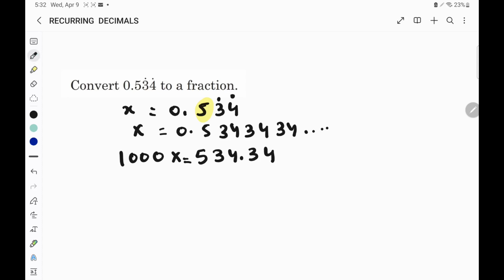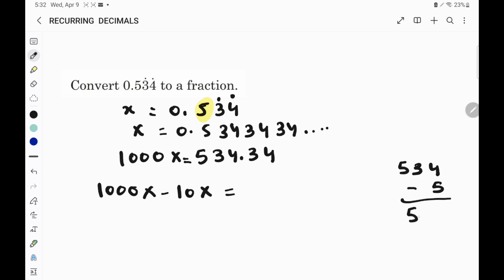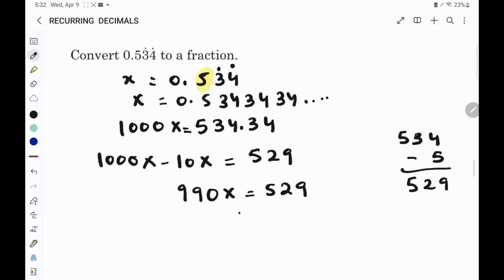So here we'll do 1000x minus 10x is equal to, at the same time, you subtract that number which is not repeating, that is 5. So simply you will do 534 minus 5, which is equal to 529. So write down 529. Then it is 990x equals 529.